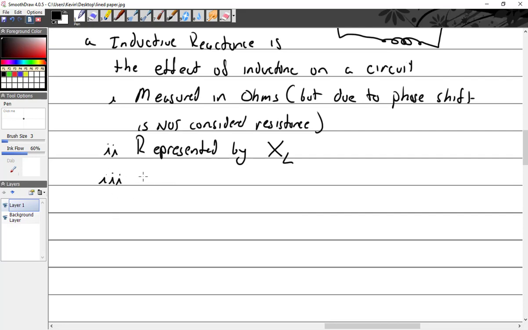An inductive reactance, I can now write X of L, I'm saving time now, is proportional to the inductance and the frequency.